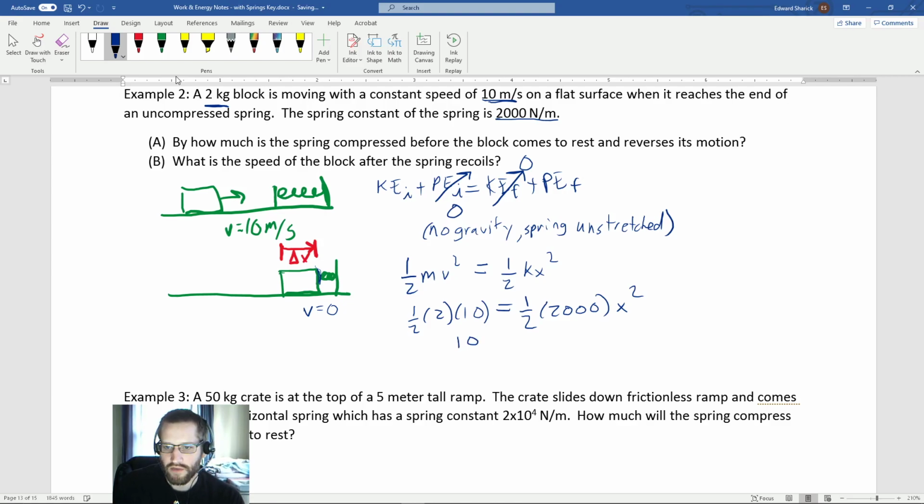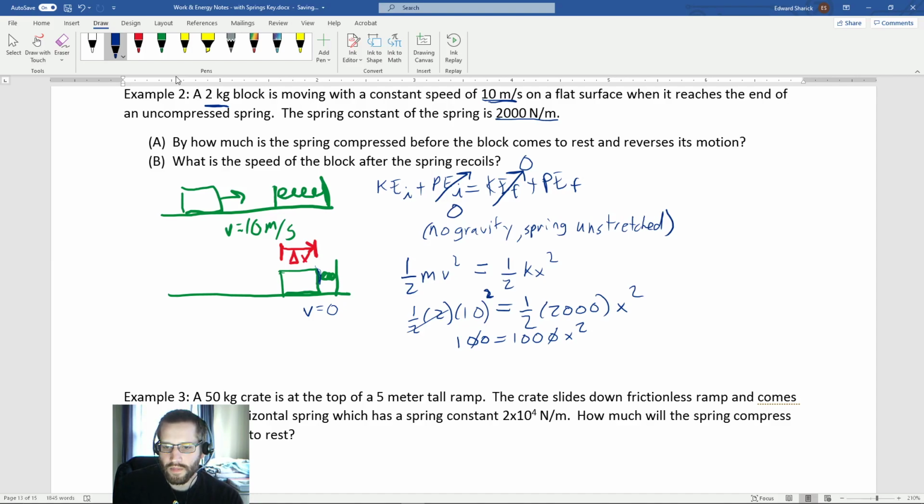I've got 1/2 and 2,000, so I've got 1,000 on this side, x squared. Oh, I forgot the squared. So this should be 100. Yeah, these cancel out. That's 100.